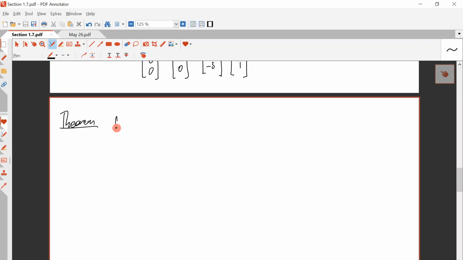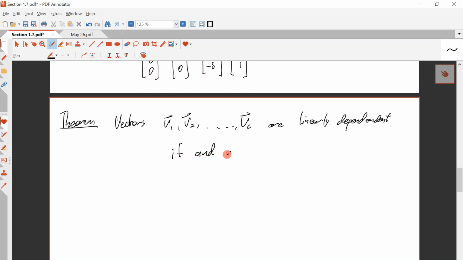Okay, so vectors v1, v2, up to vc are linearly dependent if and only if one of these vectors, some vi, is in the span of the remaining vectors: v1, up to vi minus 1, vi plus 1, up to vc.